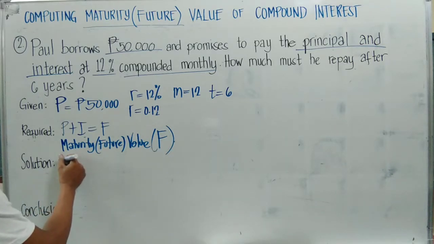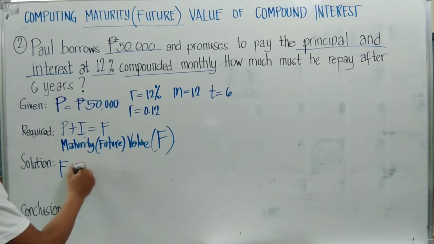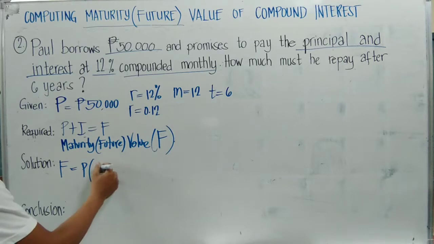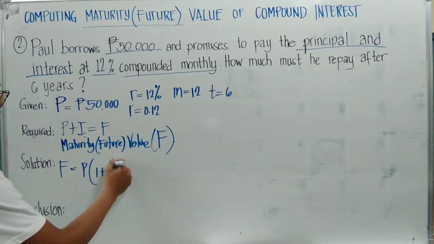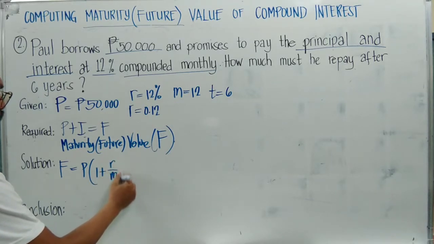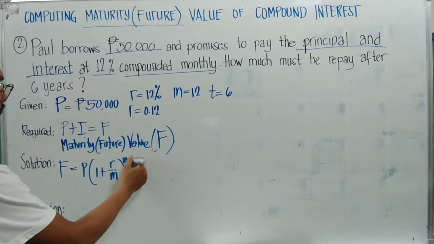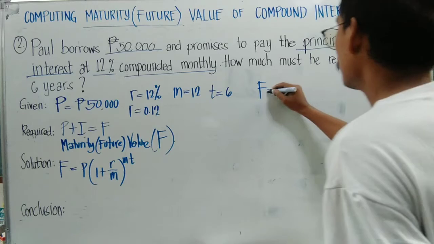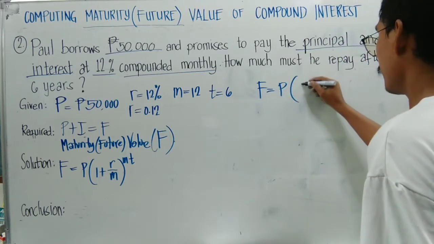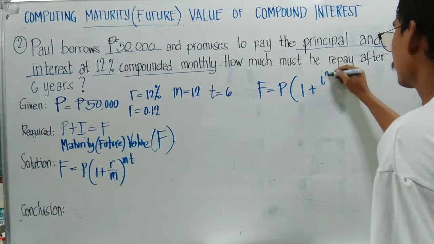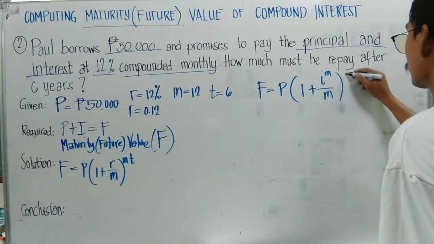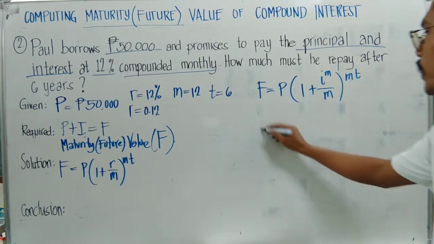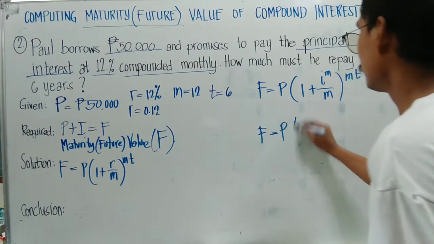Then for our solution, we have F. Let's use this one: P times the quantity of 1 plus R raised to M T. Again, you can use these formulas if you are comfortable with these things. Depends on you.